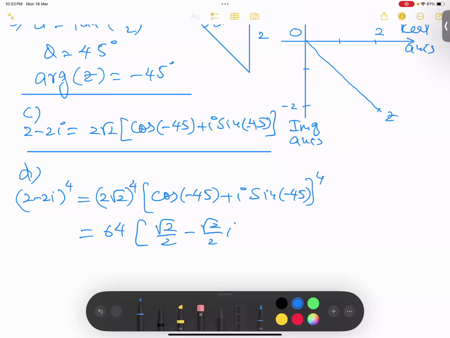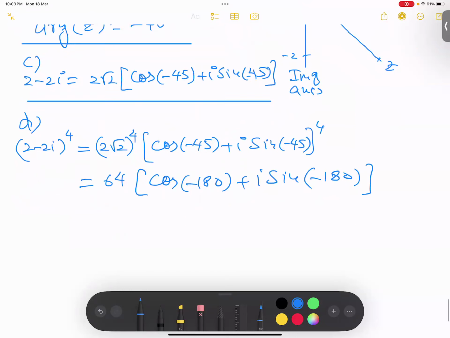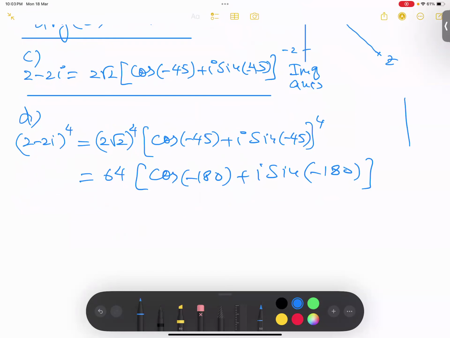I repeat again. Oh, sorry. DeMoivre's rule. So first of all, apply DeMoivre's rule. This 4 will multiply with the angle, and I get what? Cos of 45 times 4, it gives us negative 180. And same story here, I get sine of negative 180. And all of you know it: when you go from here to there, at this line, cos is always negative 1, but sine is 0.